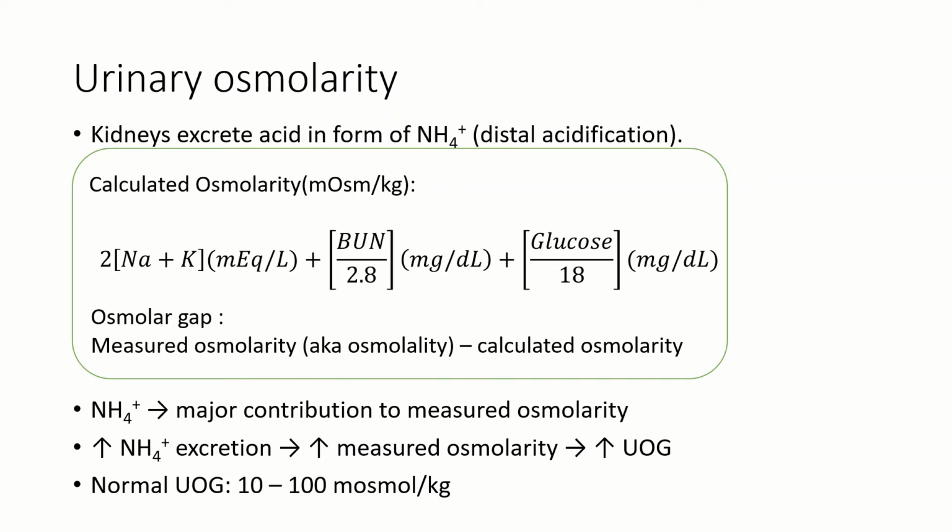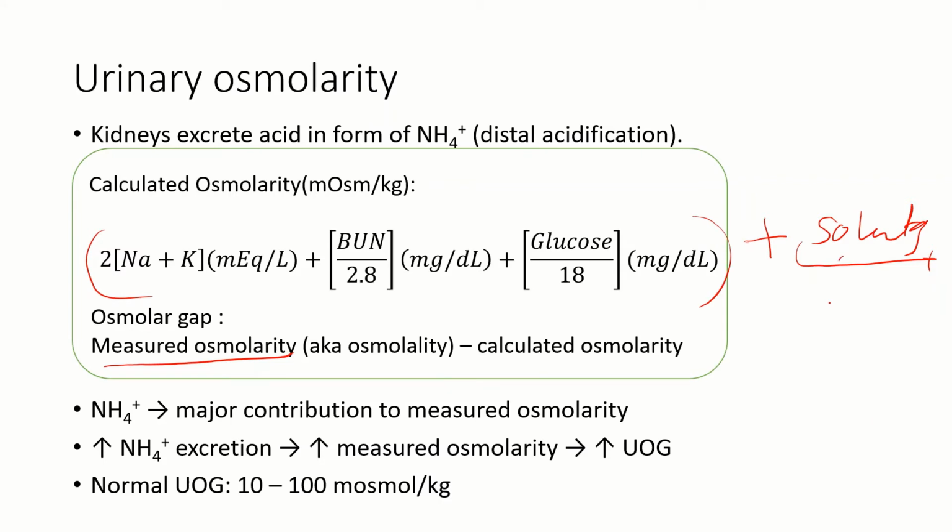But we can also measure the osmolarity, right? And when we measure the osmolarity, this is going to also measure other solutes which contribute to the osmolarity. So in addition to this, it's also going to take into consideration other solutes, and that's why this difference between measured osmolarity and calculated osmolarity is called the osmolar gap.